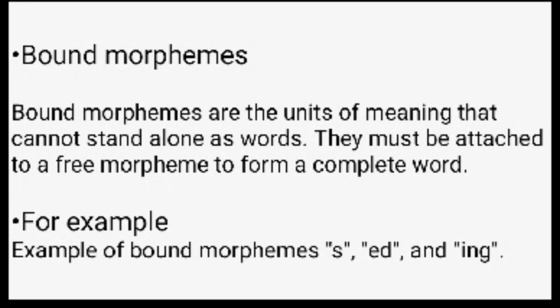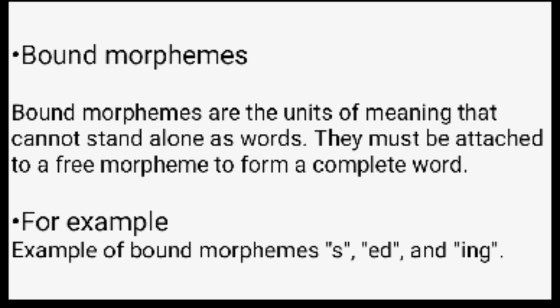Bound morphemes. Bound morphemes are a type of grammatical morphemes. Bound morphemes are the units of meaning that cannot stand alone as words. They must be attached to a free morpheme to form a complete word. You can say bound morphemes are morphemes that cannot exist independently. They must be used together with a base word, a free morpheme.